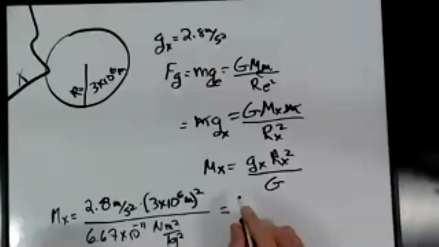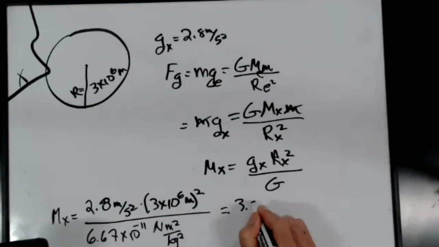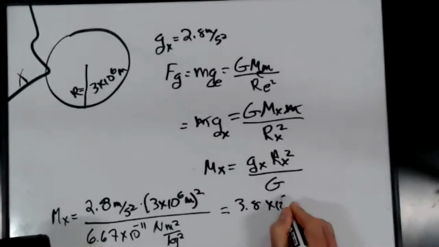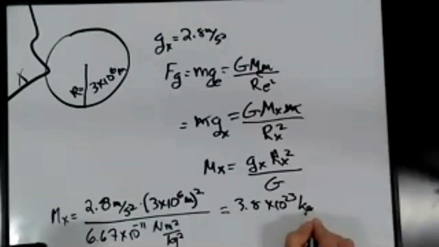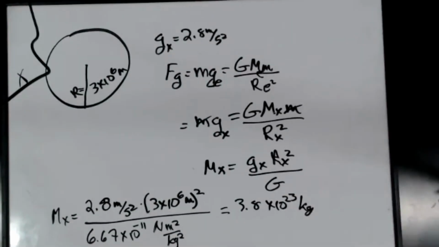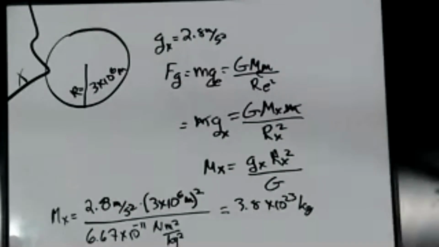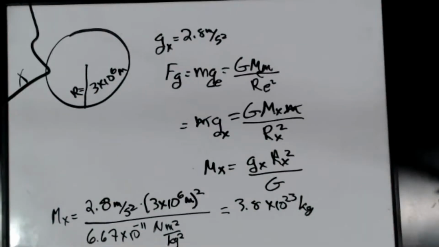And what I get for that is about 3.8 times 10 to the 23rd kilograms, which looks like choice C on there. Alrighty.